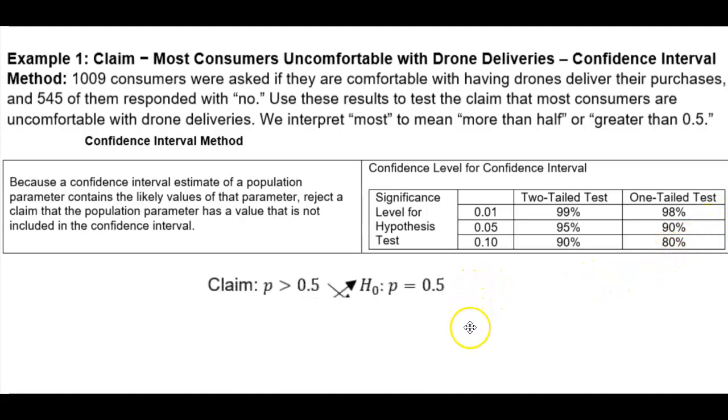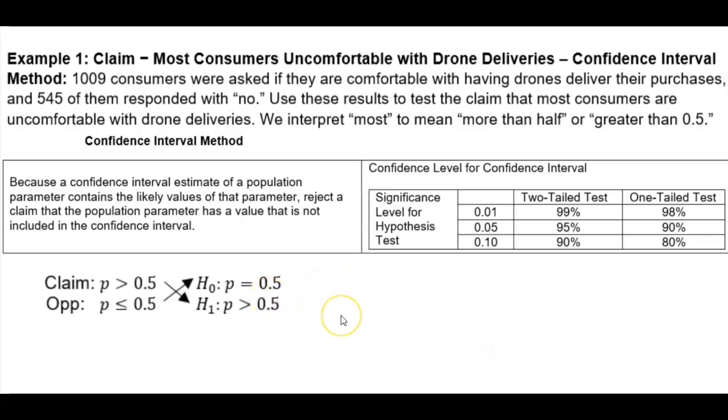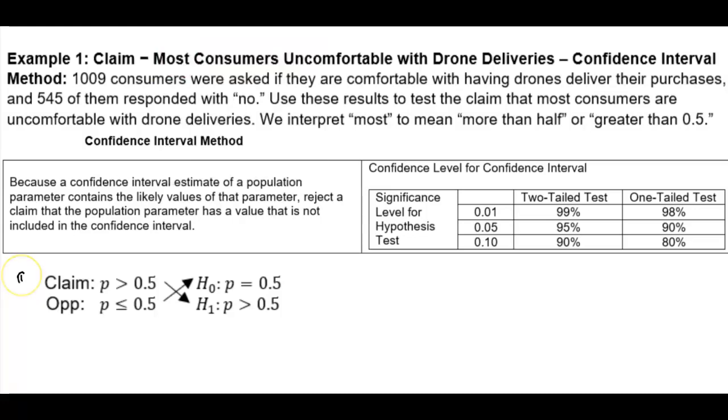So, first we want to determine the claim and the opposite of the claim. Let's take a look here. We know that the claim is that p is greater than 0.5, and the opposite would then be p less than or equal to 0.5. Recall that the null always has the equality.